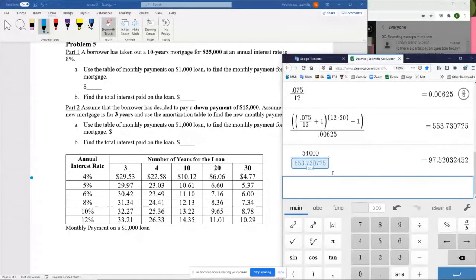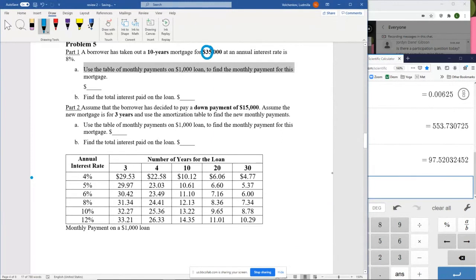Important is that you understand how to do it. The mortgage is 35,000. For 1,000, the payment is given in the table. Let us find the correct line. So we have 8%, 10 years. The intersection is here.